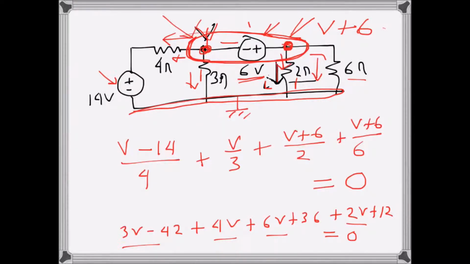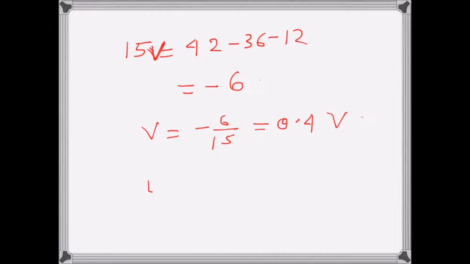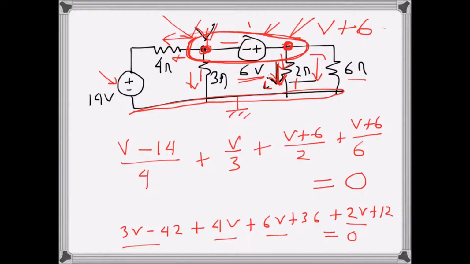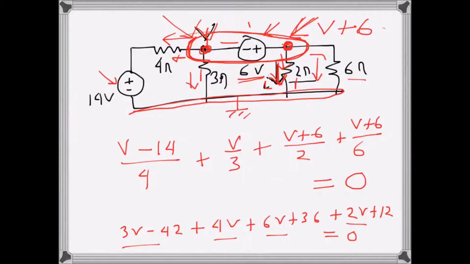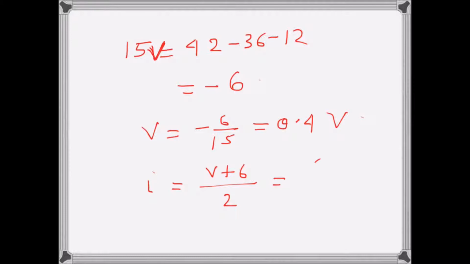We also need to find this current I, which is through the 2 ohm resistance. So the current I will be (V plus 6) over 2, because the voltage here will be V plus 6. So that is 6 plus 0.4, so 6.4.